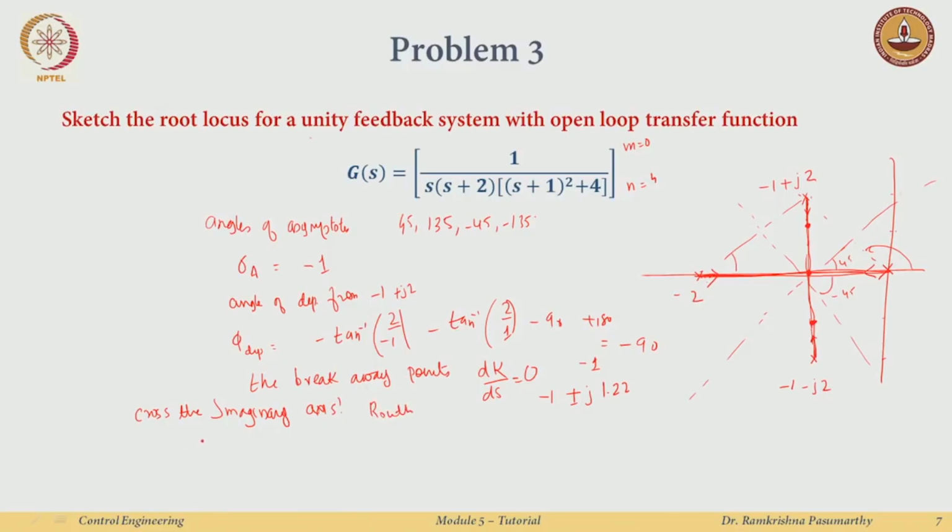Okay, just computing the characteristic equation again from 1 plus g times s equal to 0, I have a characteristic equation which looks like this, s4 plus 4s cube plus 9s square plus 10s plus k equal to 0.